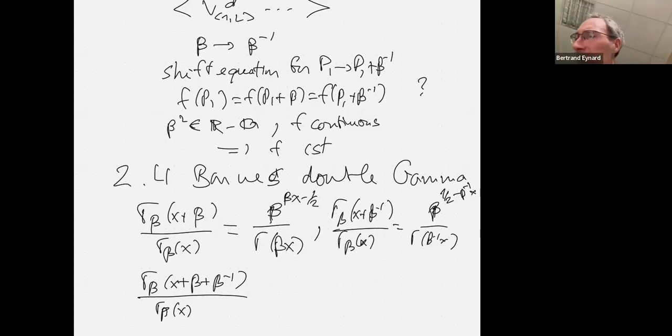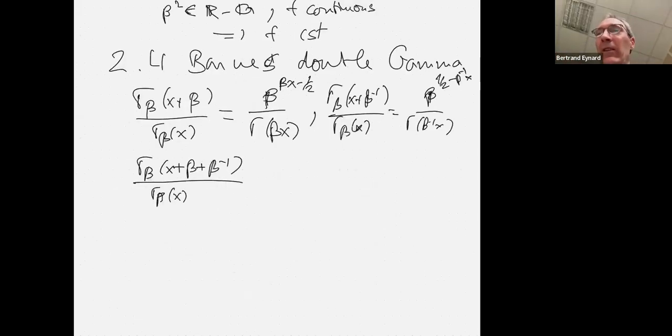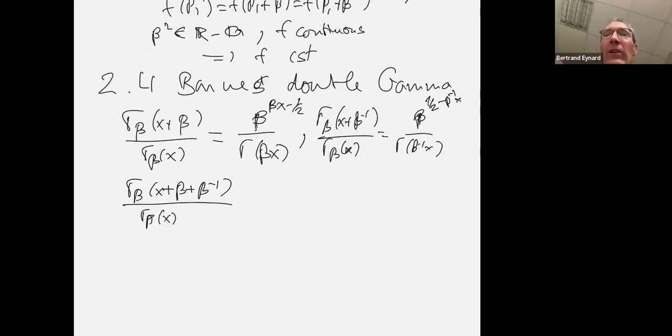Now I have a question about sine pi x, but I'm not sure I understand. Maybe that was a question for earlier. So we'll see if there is a more precise question. So for the moment, let me claim that we have two compatible shift equations for some function gamma beta, and the claim is that there exists a special function gamma beta called Barnes double gamma function, which obeys these equations.